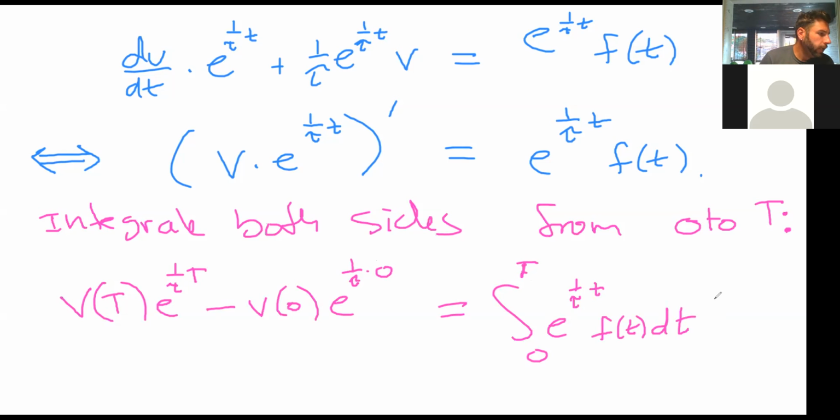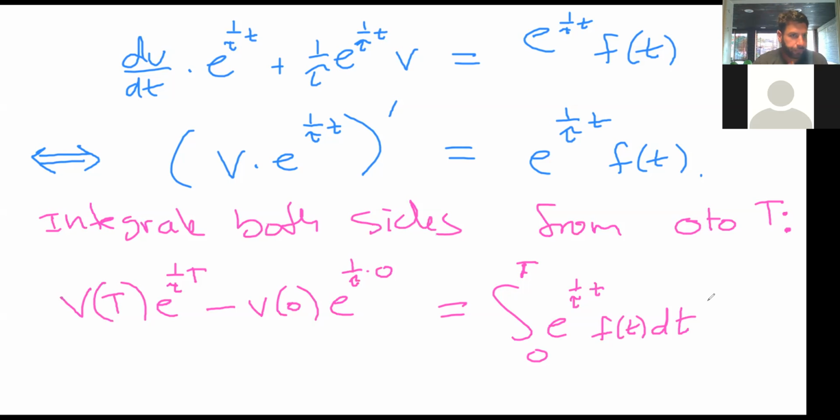Well, what happens to this? We know e to the 0 is 1, so all that's left is v of 0. And we know what that is: that's our initial potential, our resting potential, which is v sub CL.